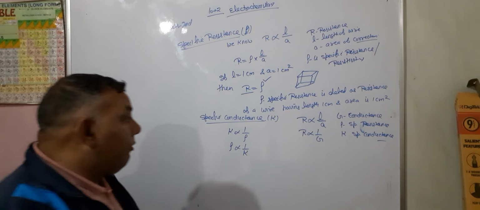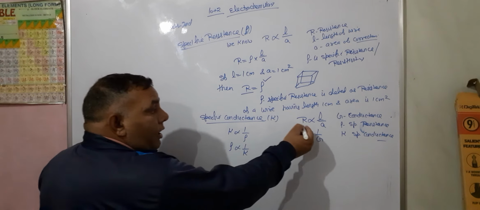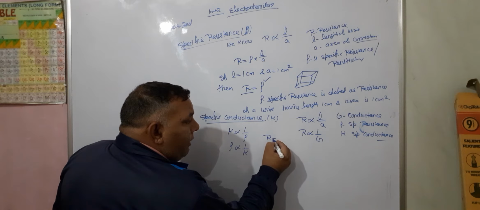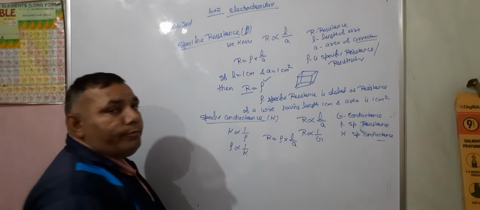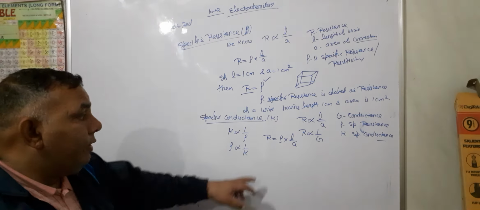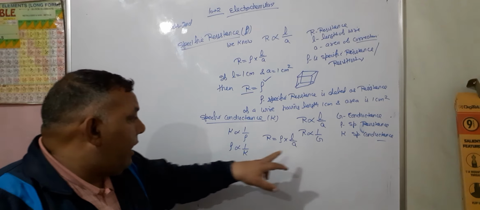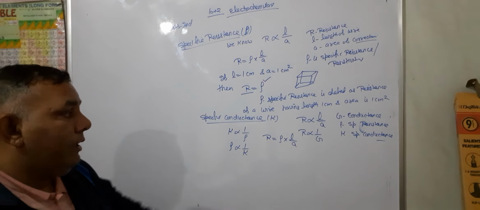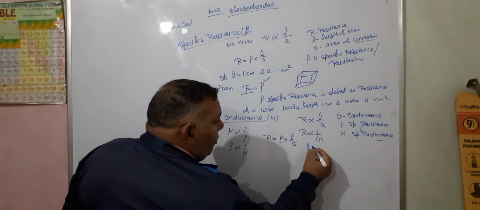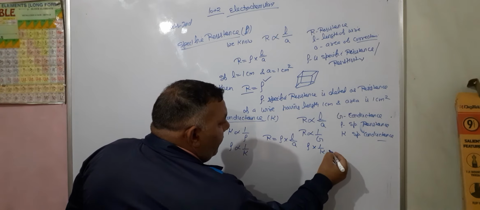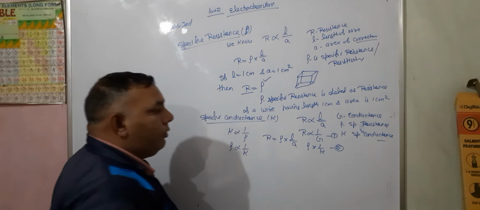And then how will we define K? R will be equal to rho into L by A, and here we put the value of G and K. Or we can write here rho into 1 by K. Equation 1, equation 2.